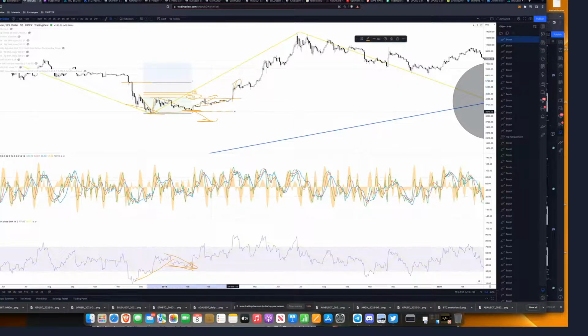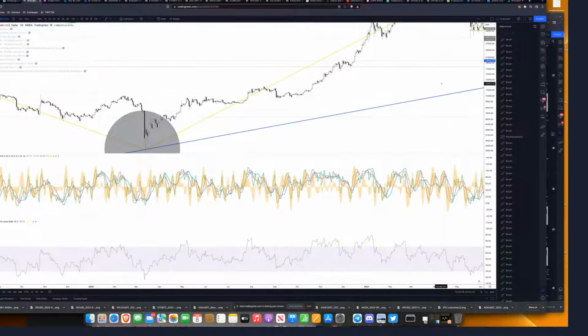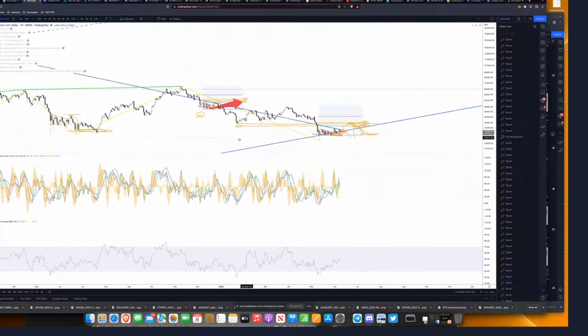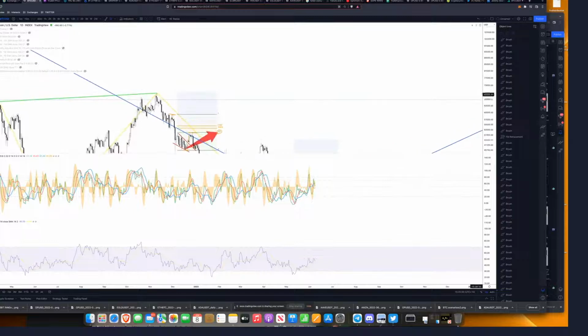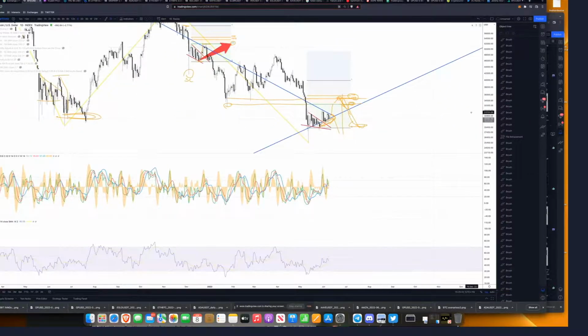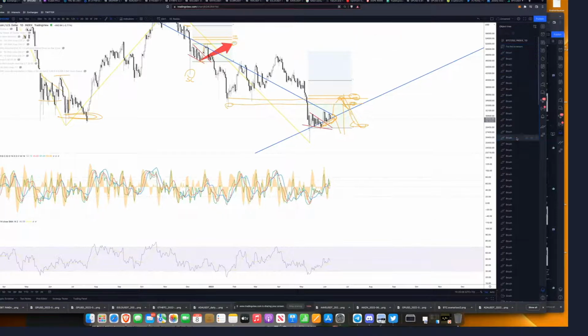So if we apply these rules to where we are now, we can do the same analogy and look at this market and approach to go bullish. All right, so let me just clean that up a bit.